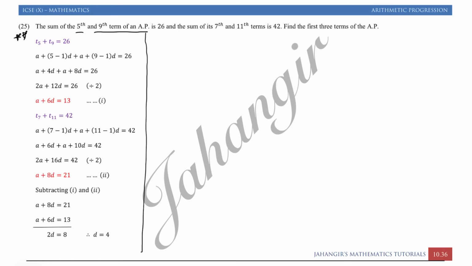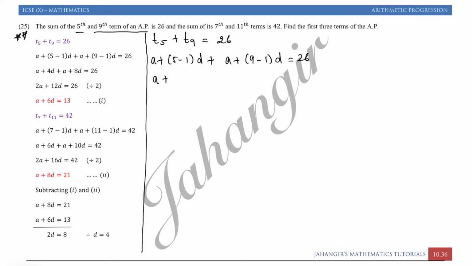So here first we will write the condition, that is fifth term plus ninth term is 26. So the fifth term we can write as A plus (5 minus 1) into D, plus the ninth term I can write as A plus (9 minus 1) into D, that is equal to 26.